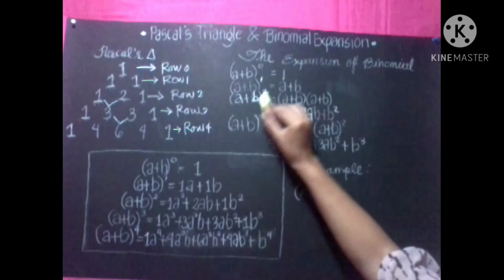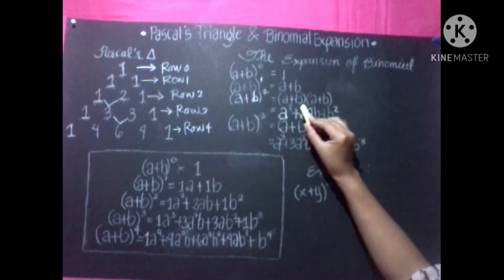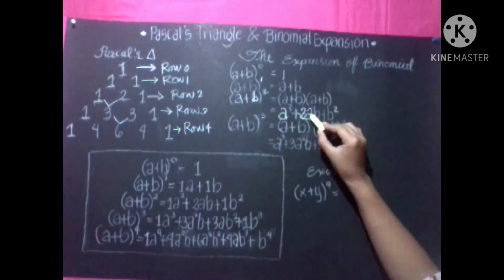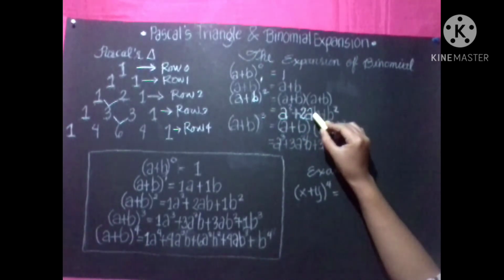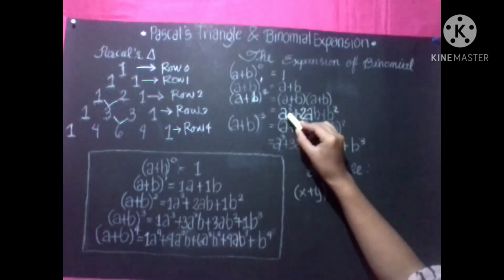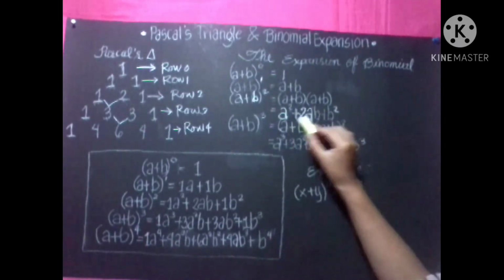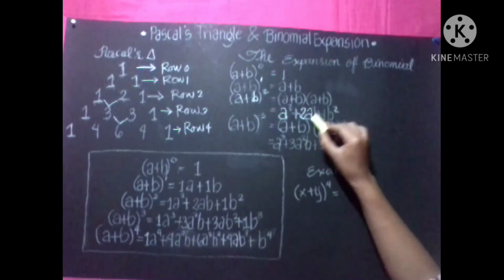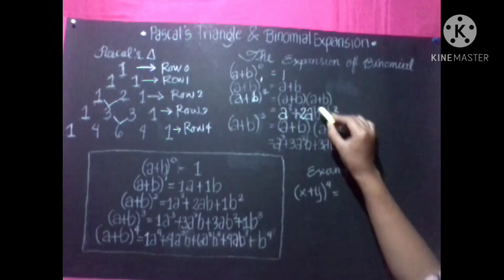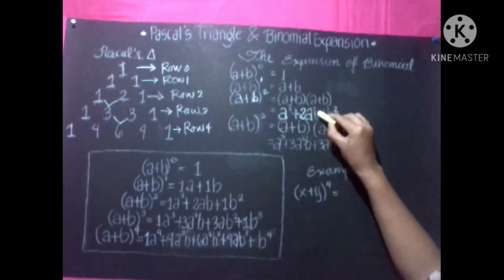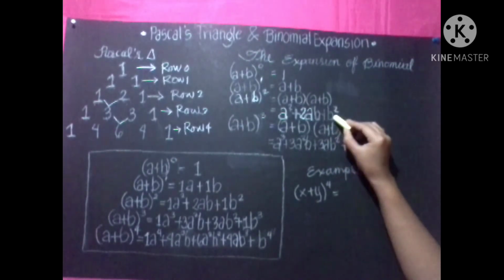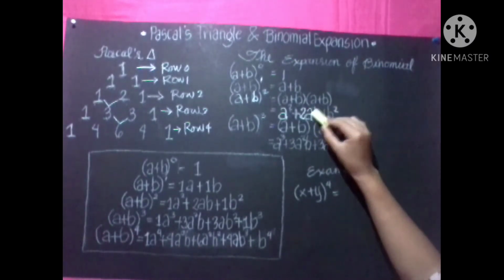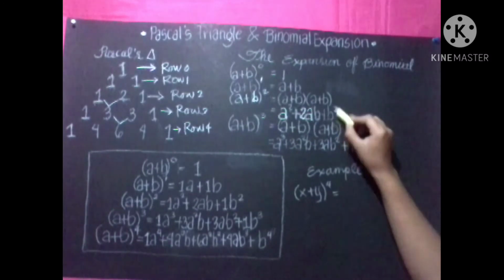For example, a plus b squared: we start with a squared, plus 2ab. As a goes down, b goes up. Next, plus b squared, where a goes to 0, it is eliminated, and b goes up.